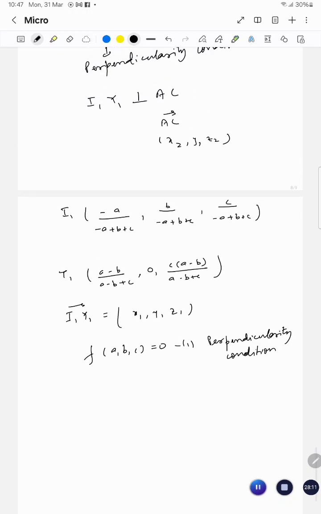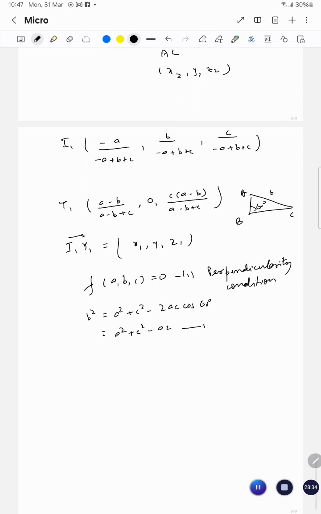Then in the triangle ABC it is given that angle B is 60 degrees, so B square is equal to A square plus C square minus 2AC cos of 60 degrees, which is A square plus C square minus AC. Let's call it condition 2, the cosine rule. And it's also given that B is equal to 3.